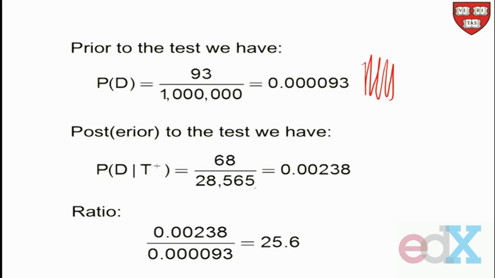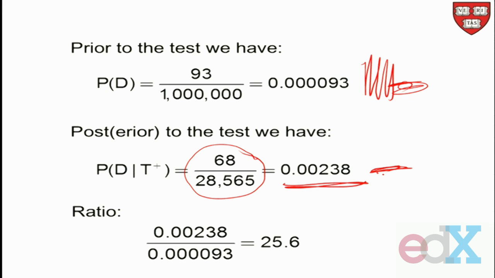After the test, we now have the positive predictive value. After the test, we're talking about 68 per 28,000. So the probability now, amongst those who test positive, we've gone from 93 per million, or 0.000093, to 0.00238.